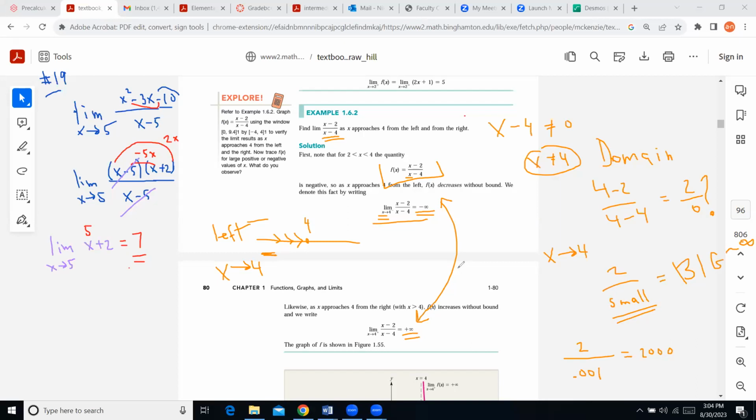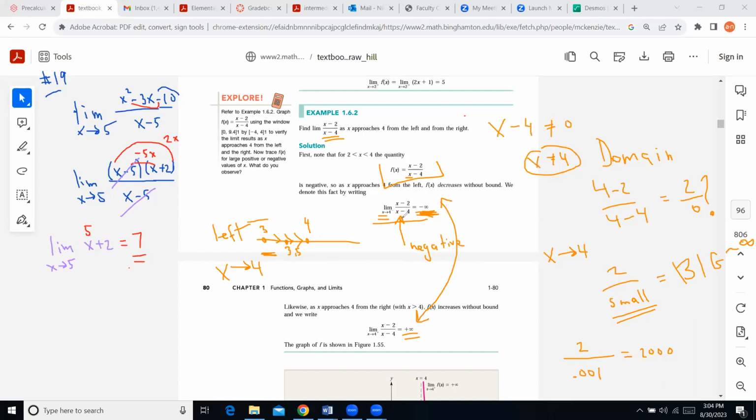And why is it negative infinity? Well, because the denominator is going to be negative, because the number x is smaller than 4. Notice that the numbers you take will be like 3, 3.5, 3.9, 3.99.